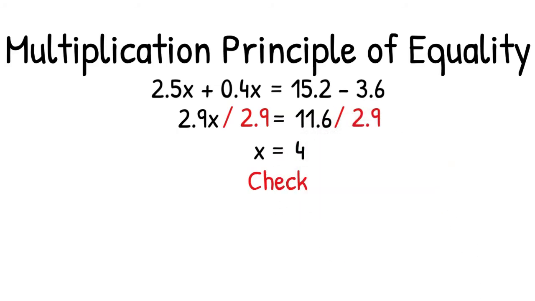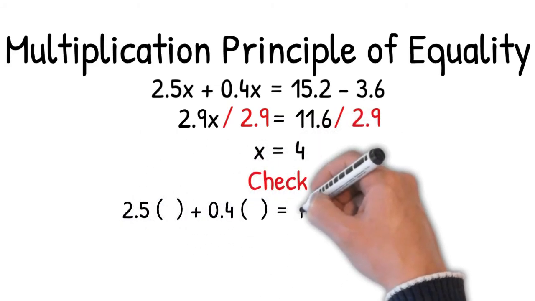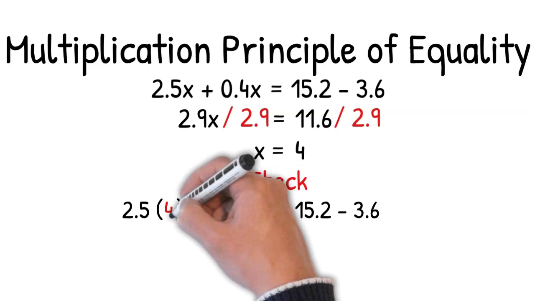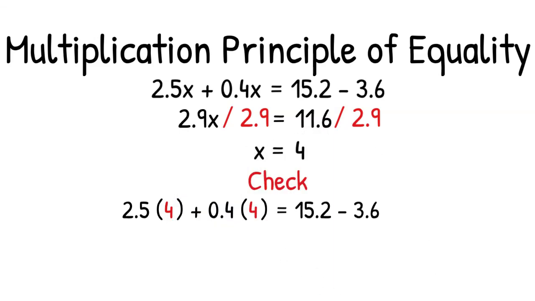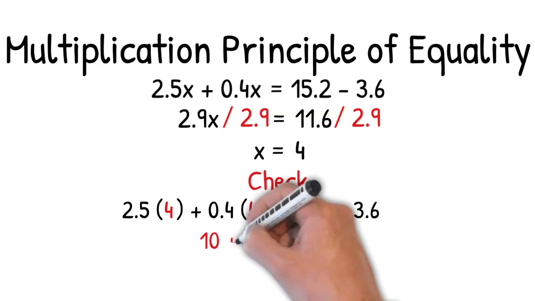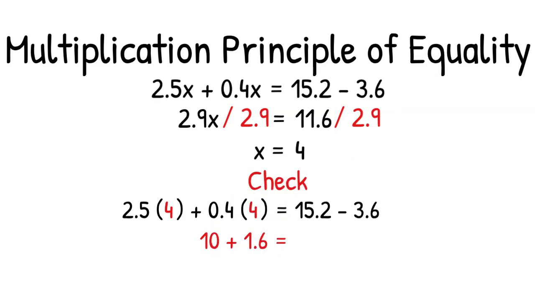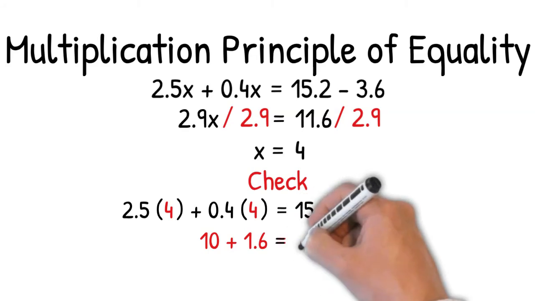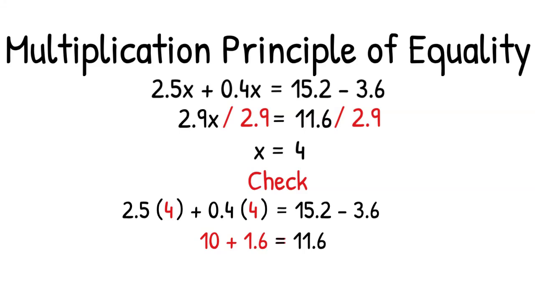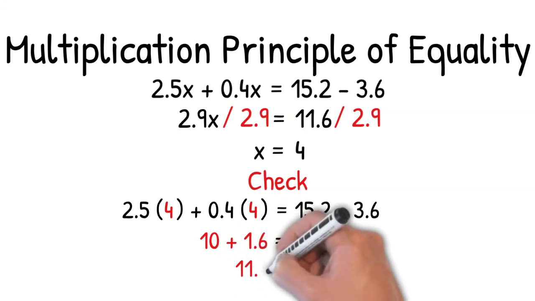To check, start with the original equation. Substitute 4 in place of x. 2.5 times 4 is 10, and 0.4 times 4 is 1.6. The other side is 15.2 minus 3.6, which once again is 11.6. 10 plus 1.6 is 11.6.